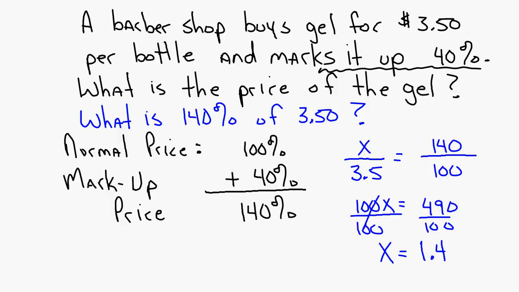And that gets divided by 100. 4.9. Yeah, if you're buying it for $3.50 and selling it for $1.40, you're going out of business real quick, aren't you? So 4.9. So what is the price of the gel? $4.90.